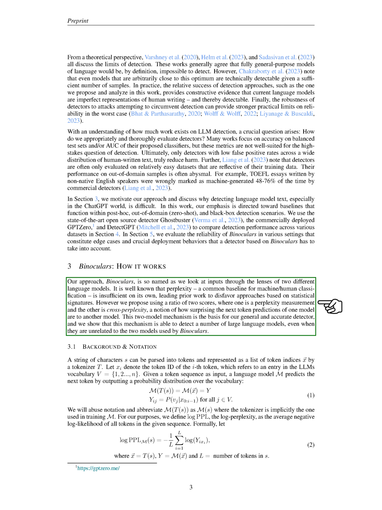However, we suggest using a ratio of two scores, one being a perplexity measurement and the other being cross-perplexity, which is a measure of how unexpected one model's predictions are to another model. This dual model mechanism forms the foundation of our broad and precise detector. We demonstrate that this mechanism can detect a variety of large language models, even those that are unrelated to the two models used by Binoculars.